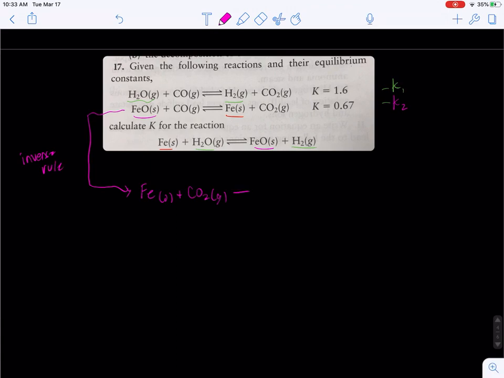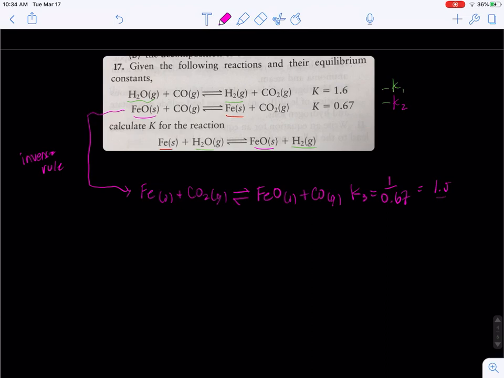And that's in equilibrium with iron oxide, iron 2 oxide, and carbon monoxide. And the K for this, I'm just going to write K3 so I can have a different number here. That's going to be 1 over 0.67. I'll do that on my calculator just to get a value. That's 1.49.